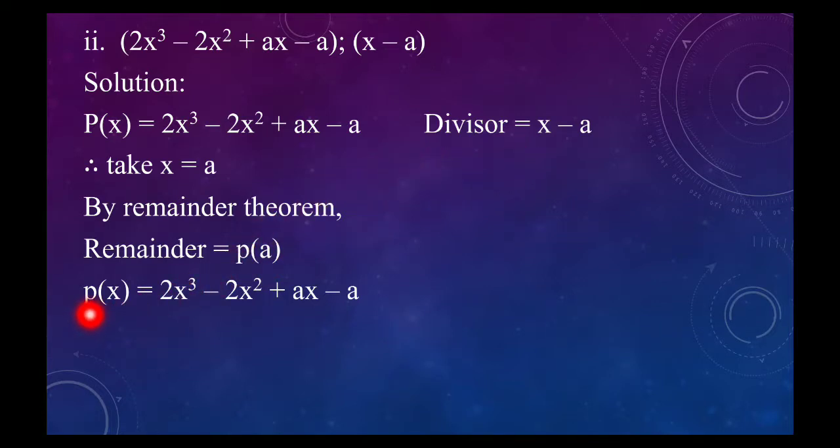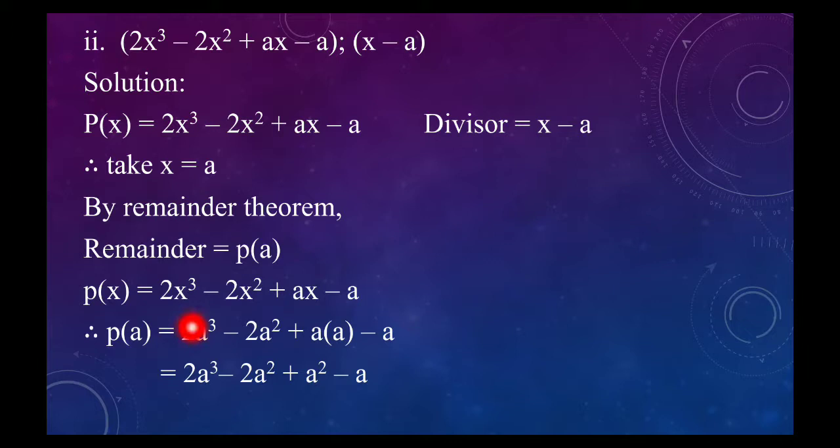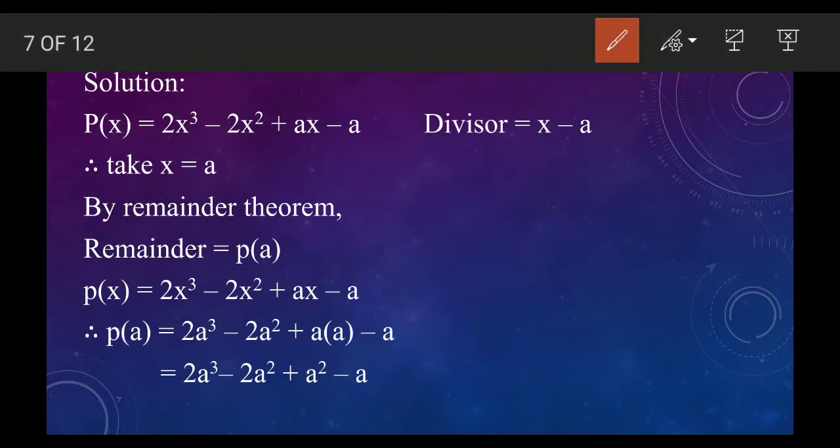Now we are going to substitute x is equal to a. So p of a is equal to 2a cube minus 2a square plus a multiplied by a minus a. Next, 2a cube minus 2a square plus a square minus a, plus, now minus into plus, we can do the calculation.